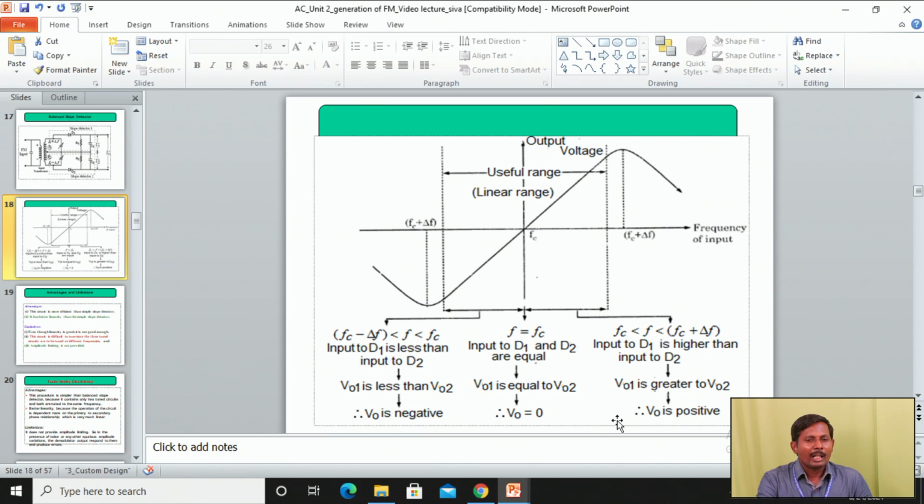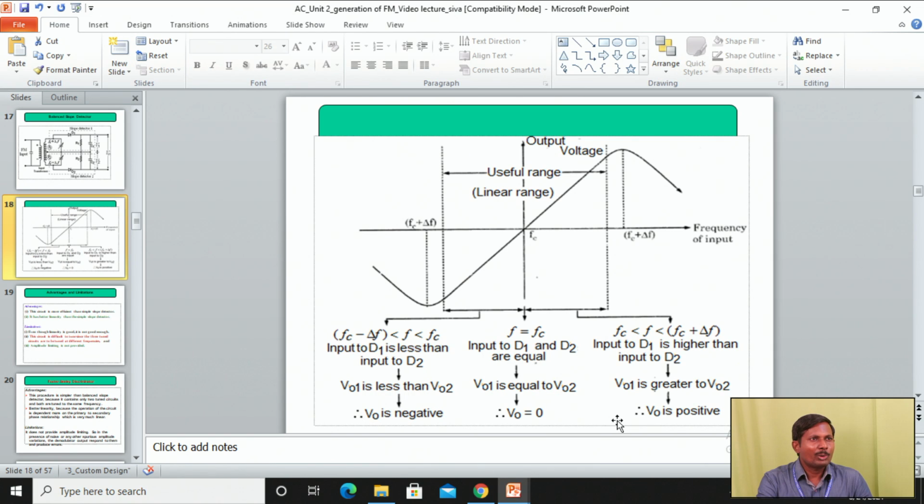If input D1 is less than input D2, the voltage is higher in V2. It means that the voltage across capacitor 1 is lesser than the voltage across capacitor 2. Therefore, the summation of the voltage gives a negative value.